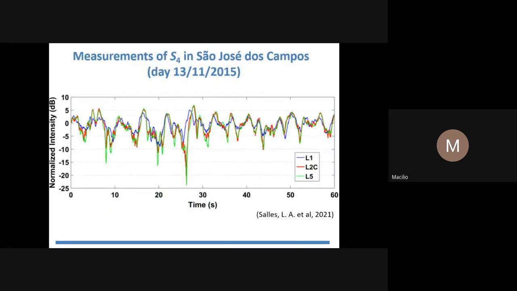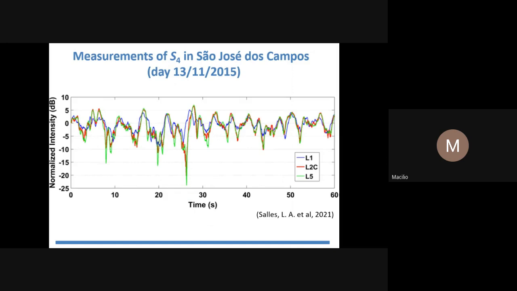Here we have one more measure. This measure was made in São José dos Campos on this date, and we have the magnitude profile for three frequencies: L1, L2, and L5.